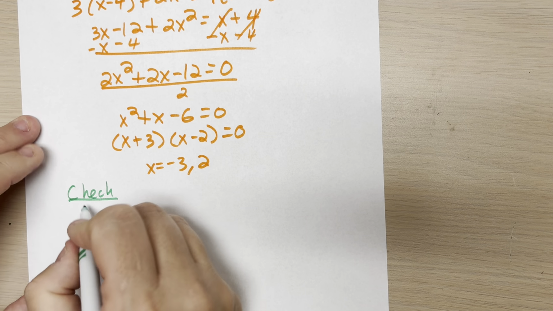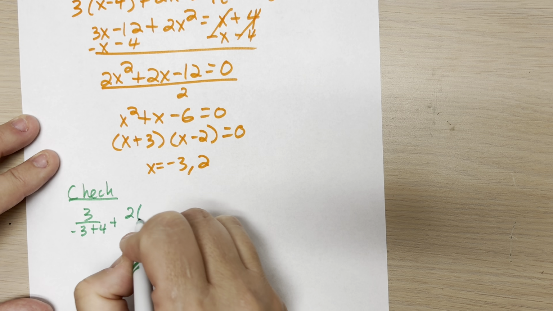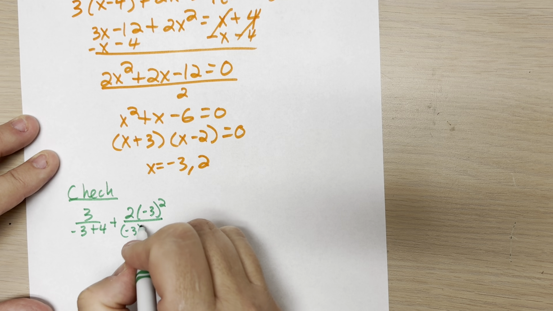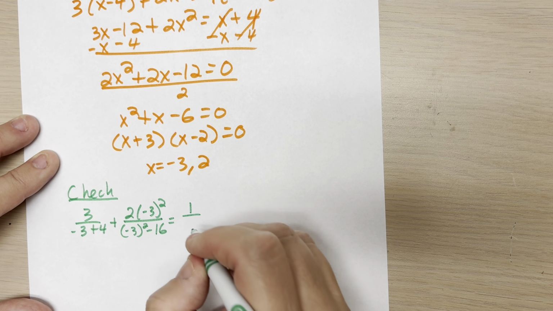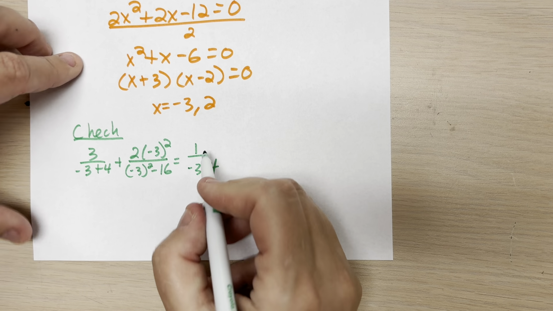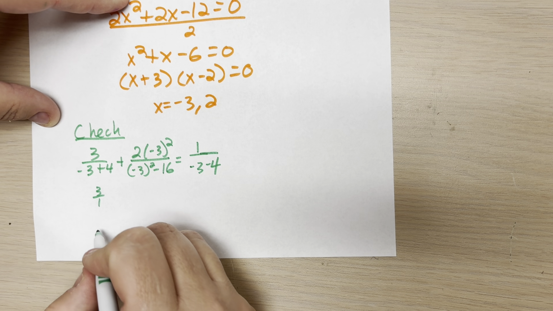Check. We have 3 over negative 3 plus 4 plus 2 times negative 3 squared over negative 3 squared minus 16. That should equal 1 over negative 3 minus 4. Okay, that's gross, but here we go. 3 over 1 is 3.